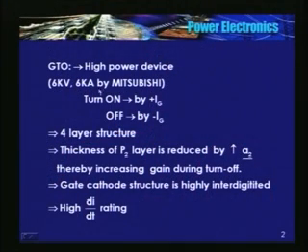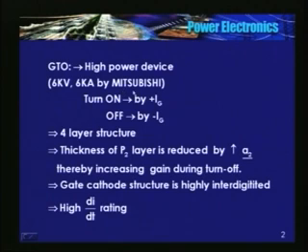And the next device that we studied was a GTO. It's again a high power device. A 6 kV, 6 kiloampere device is available. It is being manufactured by Mitsubishi. See here, 6 kV, 6 kiloamperes by Mitsubishi. Okay.